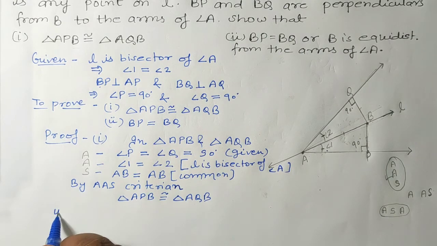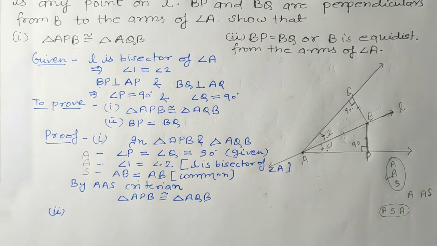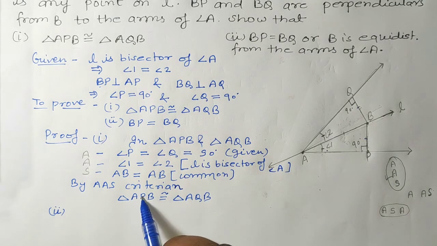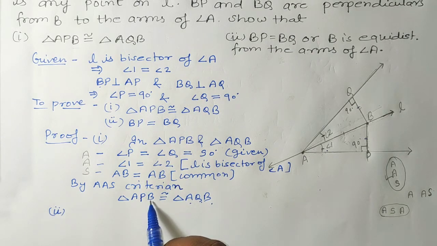For the second part, it is to prove that BP is equal to BQ. Now students, see the name of the triangle is APB, and here it is AQB. So we have to prove that BP is equal to BQ. So see, BP is what? BP is the third and second letter here.